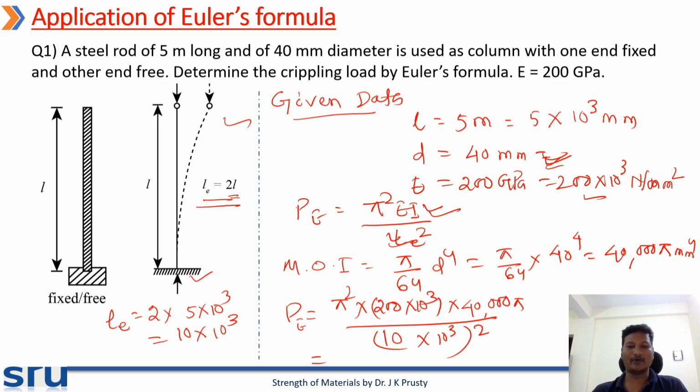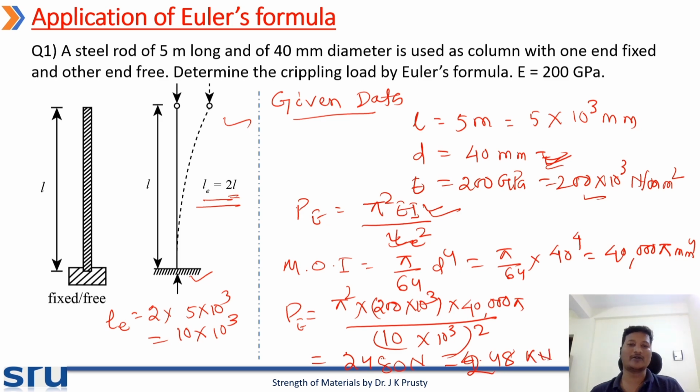So if you solve this, you get a value of 2480 Newton, or 2.48 kilonewton.